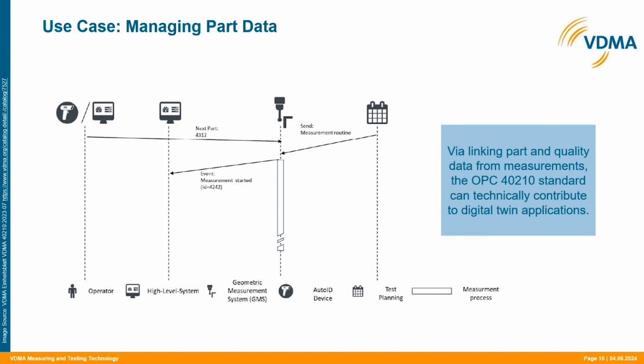I have a measurement routine, I have my part, and I want my measurement results to be linked to this part information. OPC UA GMS should also be able to contribute, for instance, to digital twin applications for this part. So we are an integral part for the quality of the produced part.